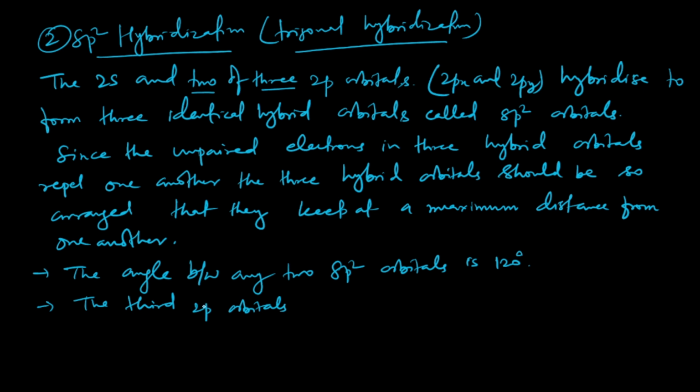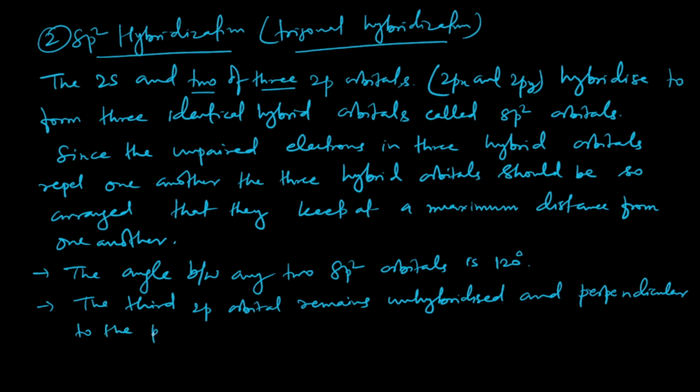I'm talking about that orbital, the third 2p orbital remains unhybridized and perpendicular, this is very much important, perpendicular to the plane of the three hybrid orbitals. This is sp2, correct?